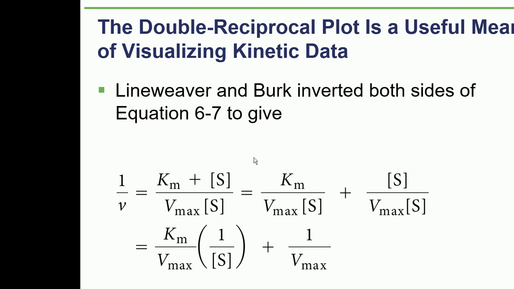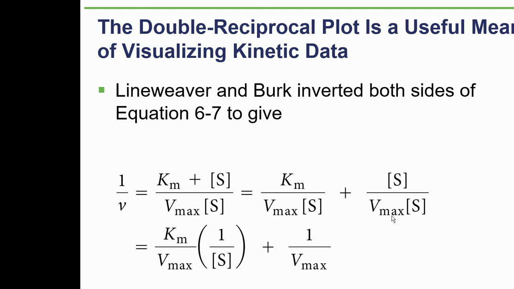Basically, as we are discussing, Km and Vmax are very important parameters of an enzyme catalyzed reaction, and we need to know them. We need to calculate them. By the Michaelis-Menten equation, we cannot calculate them to get the numerical values.